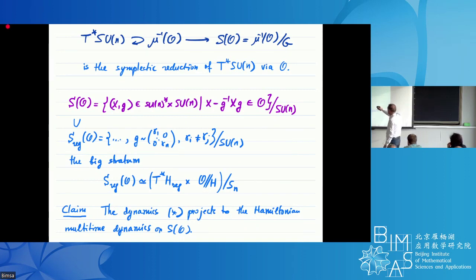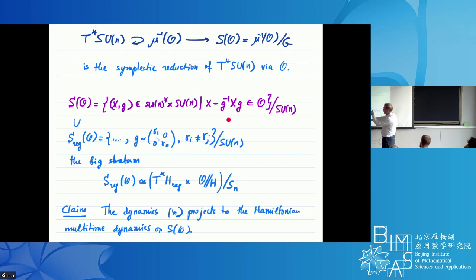So this is the Hamiltonian reduction, the symplectic reduction of the cotangent space to SU(N) via the coadjoint orbit O. As a result, you have this symplectic space: the pre-image of the orbit mod G. Okay, now let's look at our specific example, and let's do some very simple computations. The moment map, as I described before, is just x minus g inverse xg.